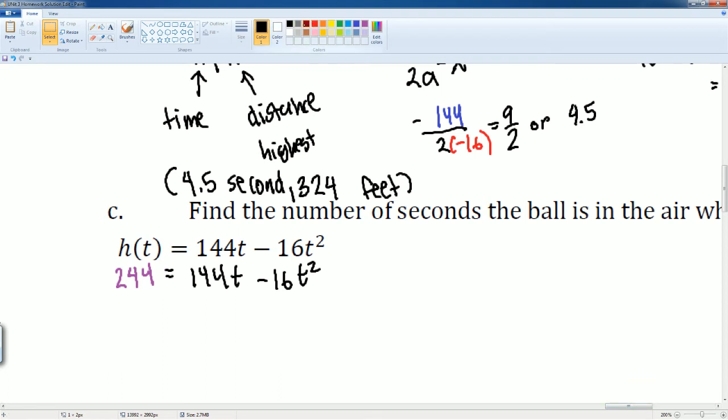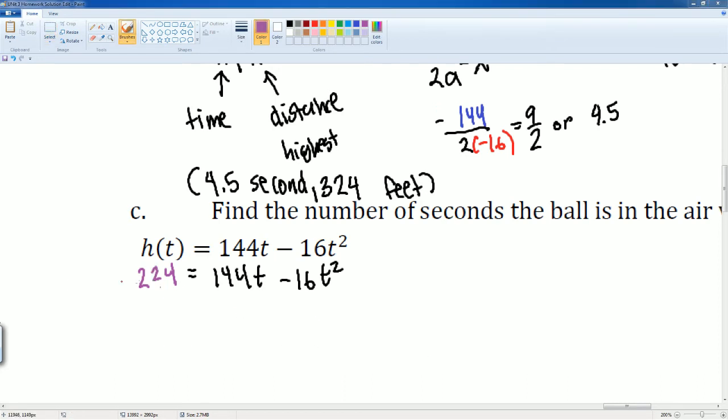So we need this in standard form. So we have to subtract 224 from both sides. This is equal to 0.